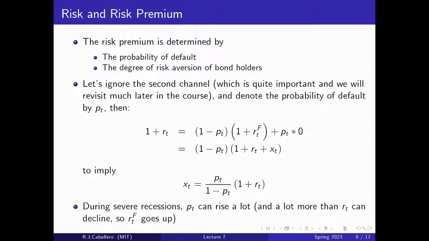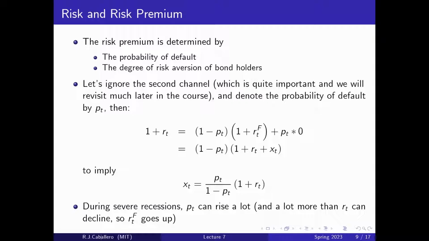So by the same principle we had before between nominal and real bonds, in equilibrium, I need to be indifferent between investing in treasury bonds, the safe bonds that pay an interest RT, and investing in risky bonds that are paying an interest rate RF, which is greater than RT. No?